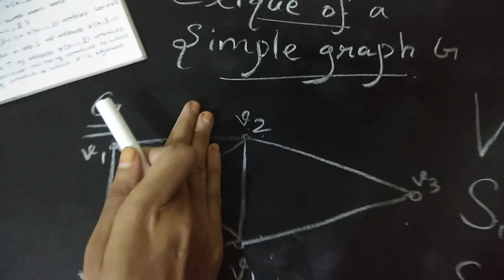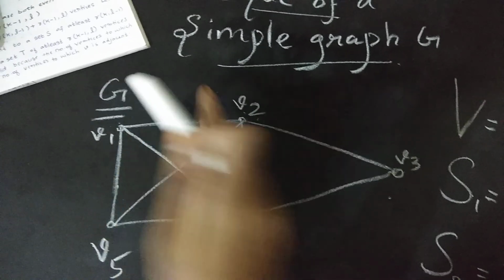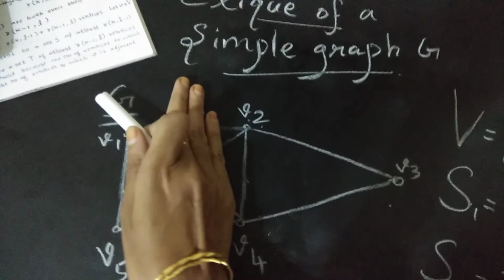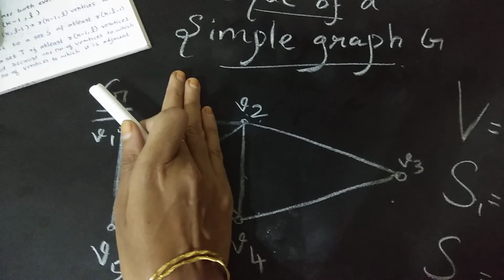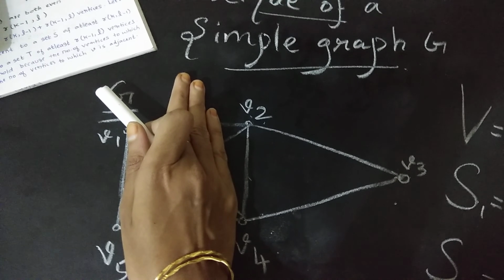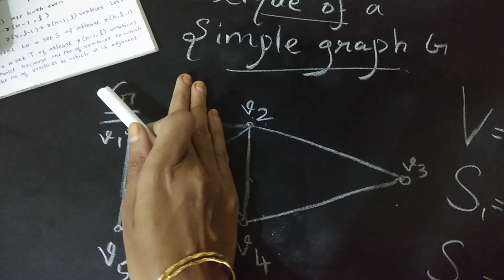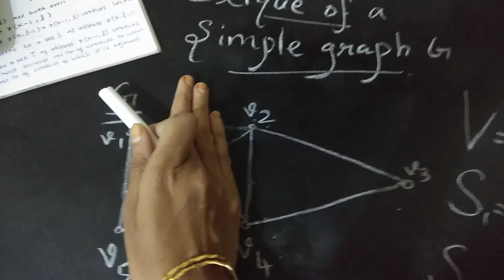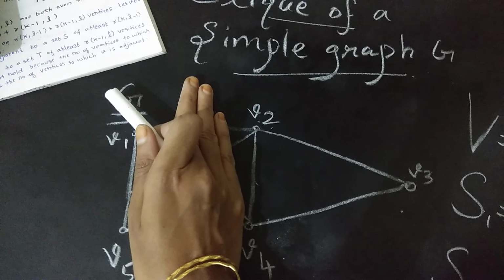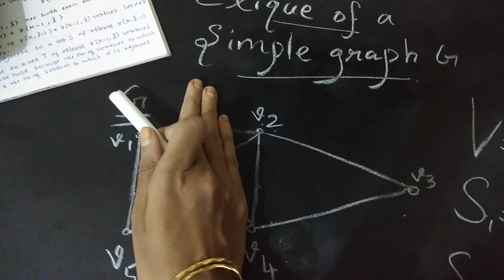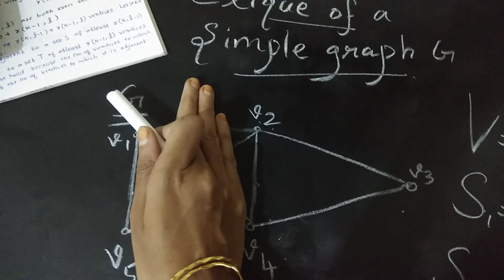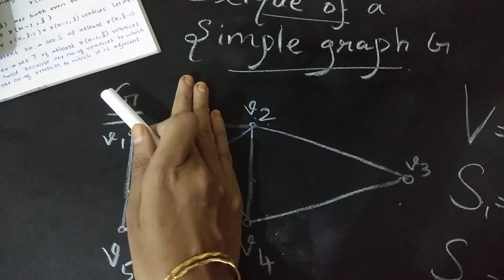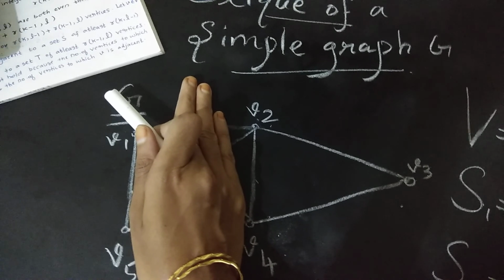Look at V2, V4. They have a connection. This is an edge, right? Look at V2, V3. There is an edge between V2 and V3. Then consider V4, V3. There is an edge between V4 and V3. Every pair of vertices has an edge, so you can call it a complete graph.